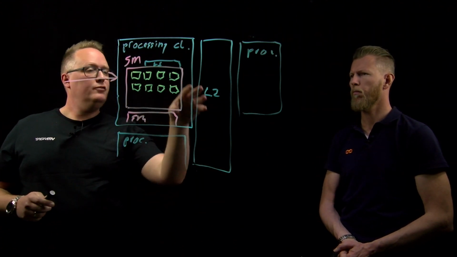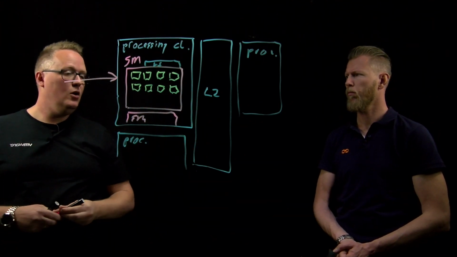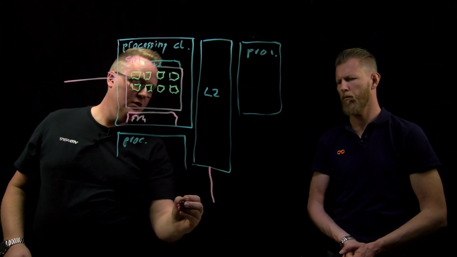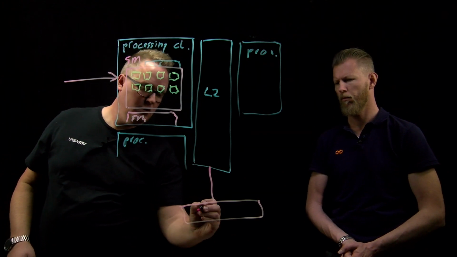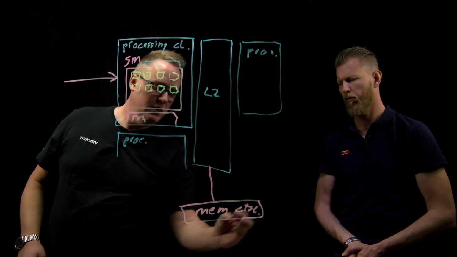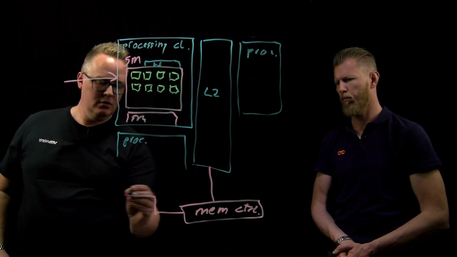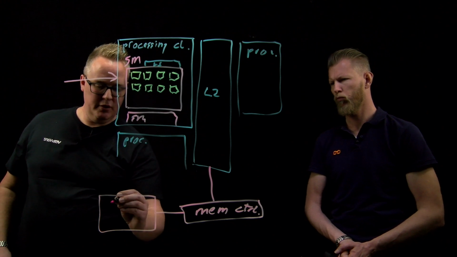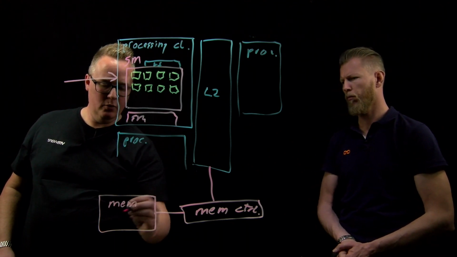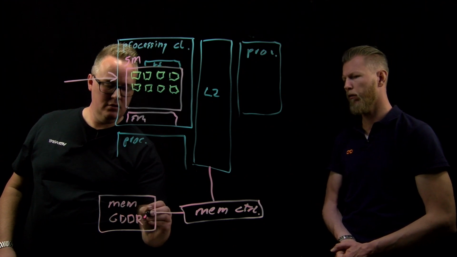And when data is not fetched in either layer 1 or layer 2 cache, it will then go ahead and go to the memory controller and to the memory, to the global memory, which, if I remember correctly, is DDR5.